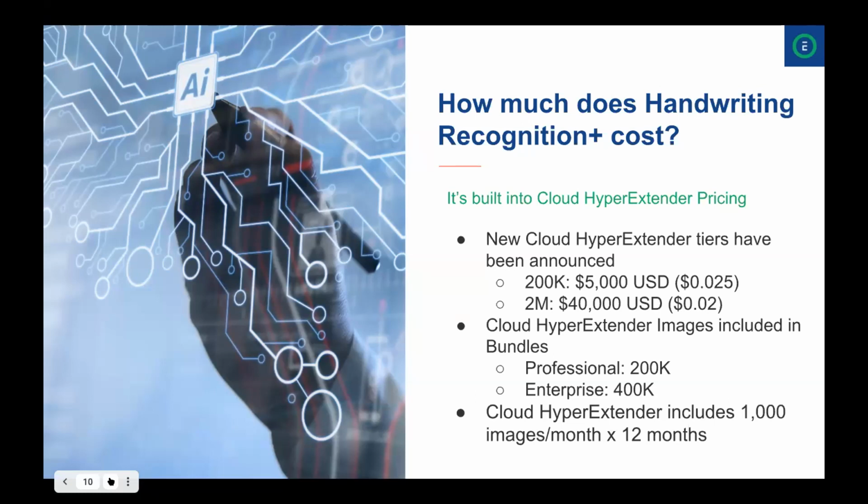There is a trial built into our Cloud Hyperextender add-on that allows you to process up to 1,000 images per month. So if you just want to try this out and you're a current licensed Ephesoft Transact user, we can absolutely help you. You can try this at no additional fee, up to 1,000 images per month, to do some testing to see if it's going to work for you.